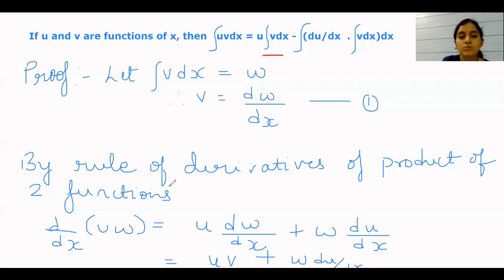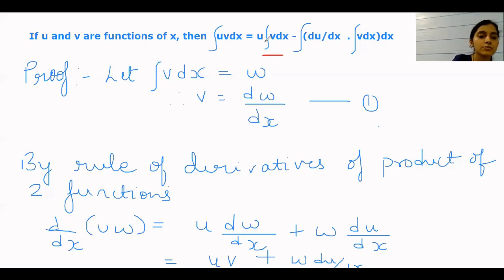Therefore dw by dx will be v, by the definition of derivatives, or integration. By the product rule, taking the derivative of u and w: d by dx of uw is equal to u dw by dx plus w du by dx. From equation 1, dw by dx is v. So it is uv plus w du by dx. This is the derivative of the uw function.